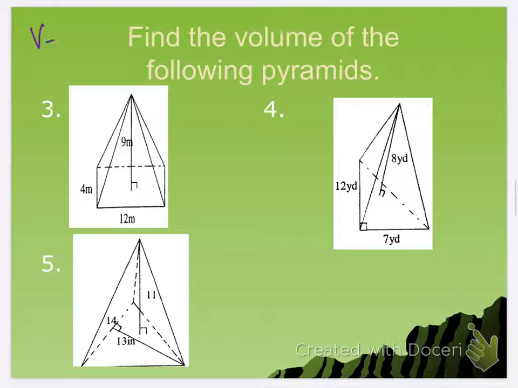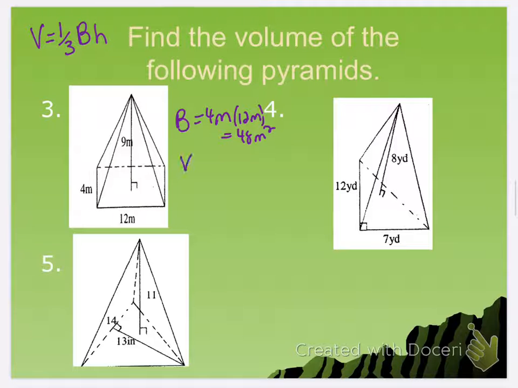So remember, volume equals 1/3 times area of base times height. The first one is a rectangular pyramid. So area of our base is going to be 4 meters times 12 meters, which gives us 48 meters squared.